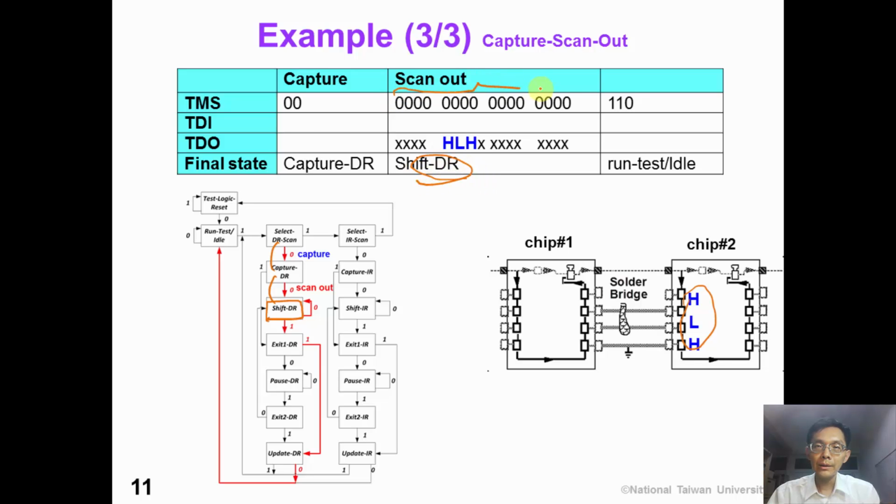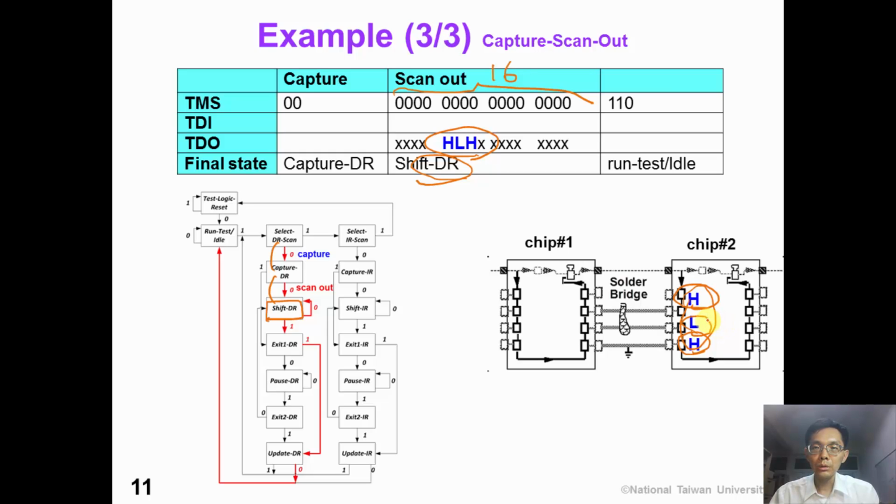We apply 16 zeros in TMS and we observe the output in TDO. We expect to see high, low, and high in these 3 flip-flops.